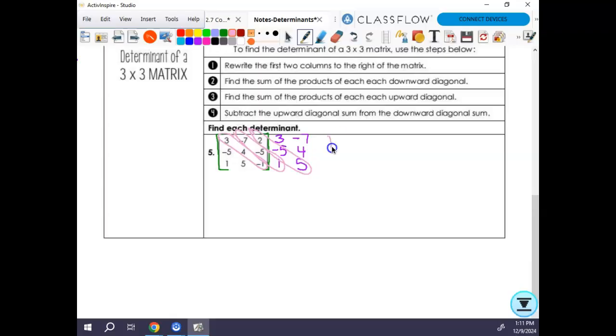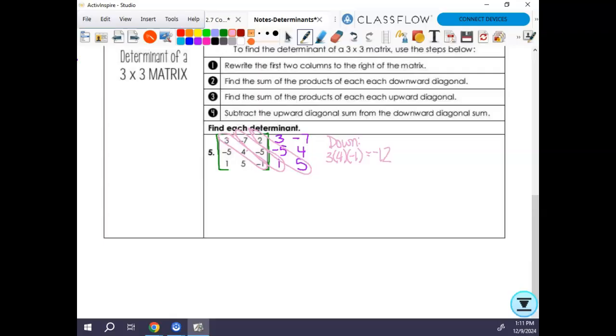So for the down, the first one is 3 times 4 times a -1. I'm multiplying these 3 numbers together. This gives me a -12. Everybody understand where the numbers are coming from?